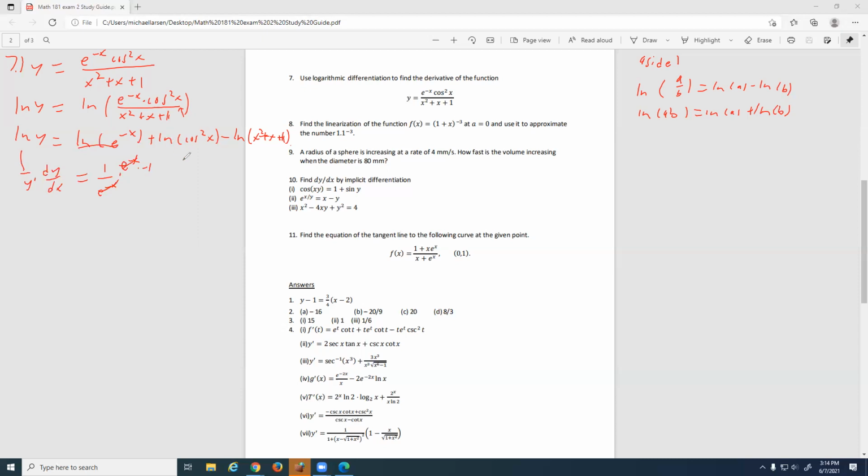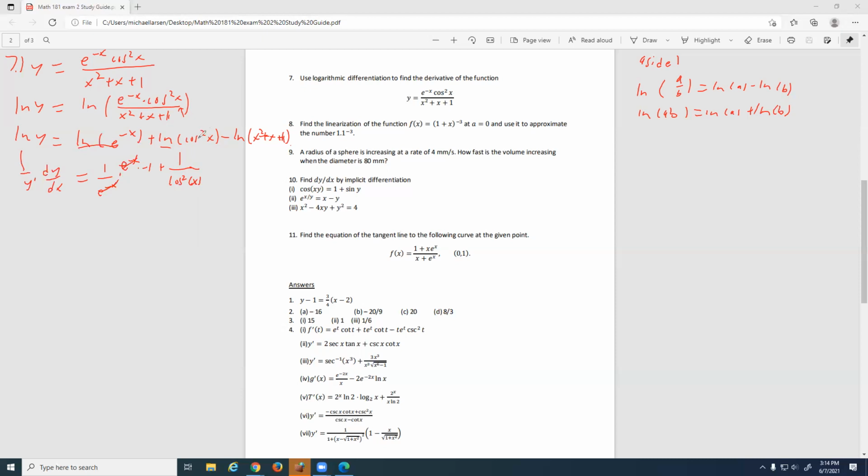And then for this next term, we have natural log of cosine squared x. So this is going to be plus 1 over cosine squared x. And then from here, we need to differentiate. It's kind of like a nested chain rule. Natural log is our outer function, x squared is our middle function, and then cosine is our innermost function.